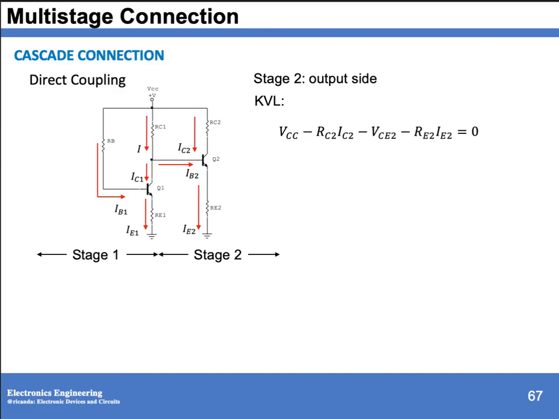Since the current values have already been solved, IC2 as well as IE2, therefore we can solve for your VCE2. VCE2 is equal to VCC minus RC2 IC2 minus RE2 IE2. Oh, that is RE2. So this is RE2.